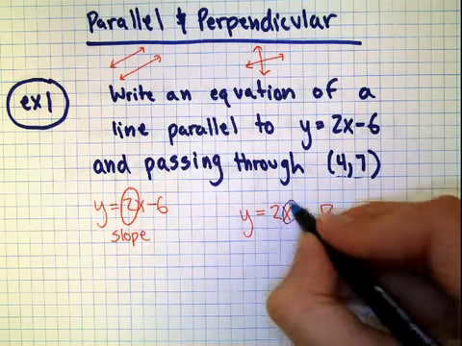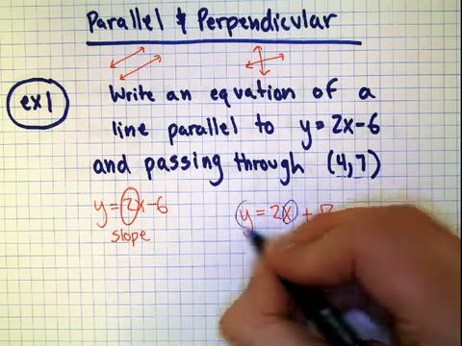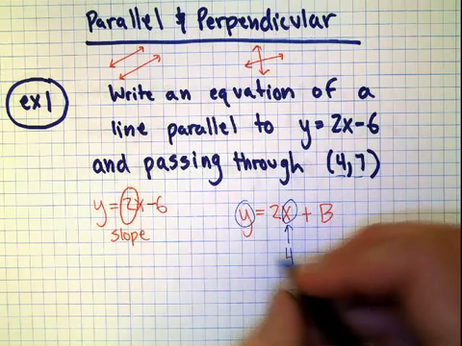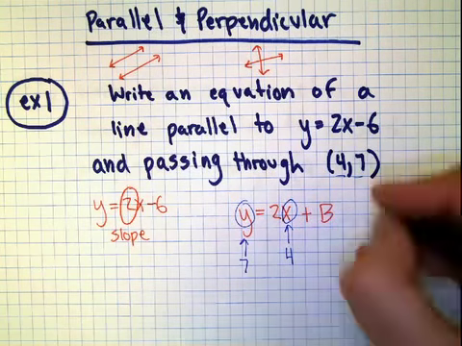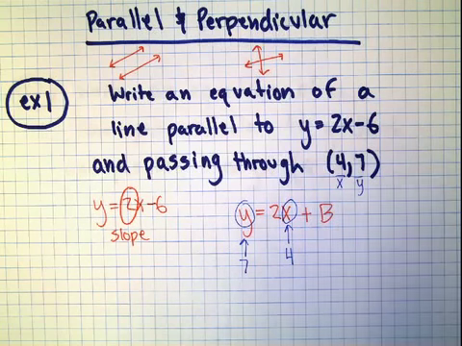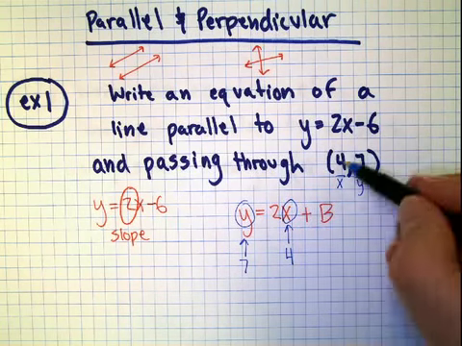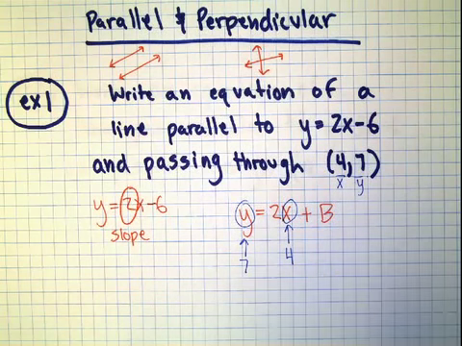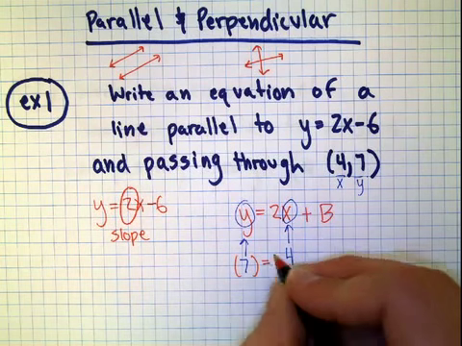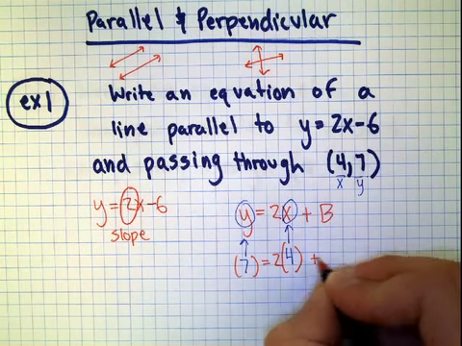So what I'm going to do is bubble the x and y and substitute in 4 for the x, 7 for the y. This is an x and a y value on the graph. And I'm going to solve this. It's really going to look like this: 7 equals 2 times 4 plus b.